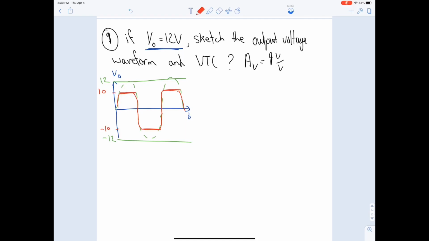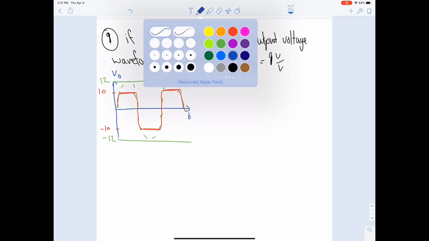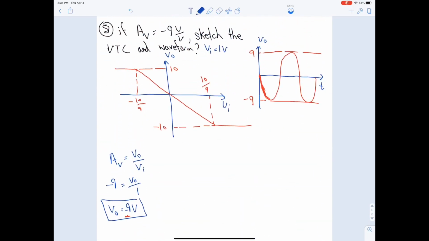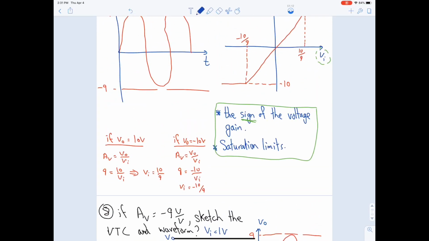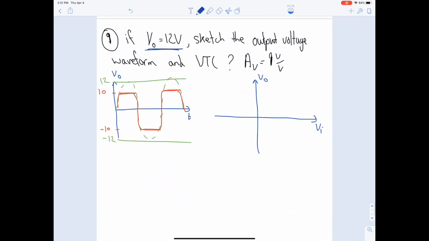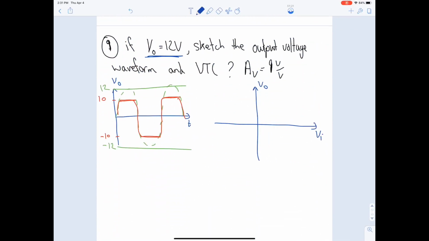Let's do the VTC now. VTC is V output with respect to V input. As I said before, in order to draw the VTC, you need to focus on two things: the sign of the voltage gain and the saturation limits. In this question, what's the sign of my voltage gain?